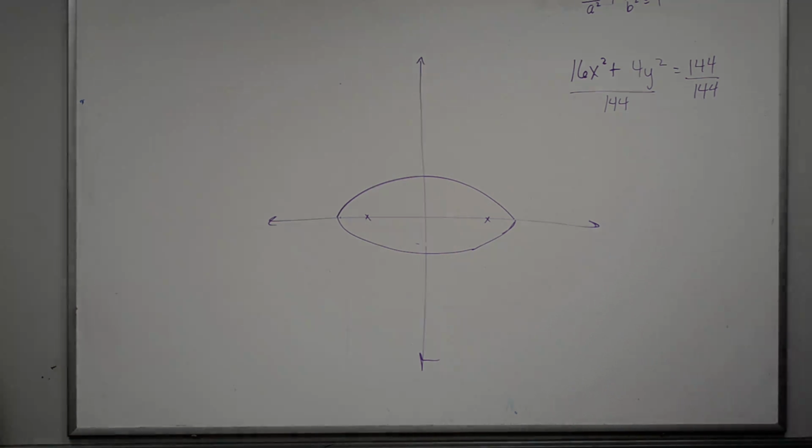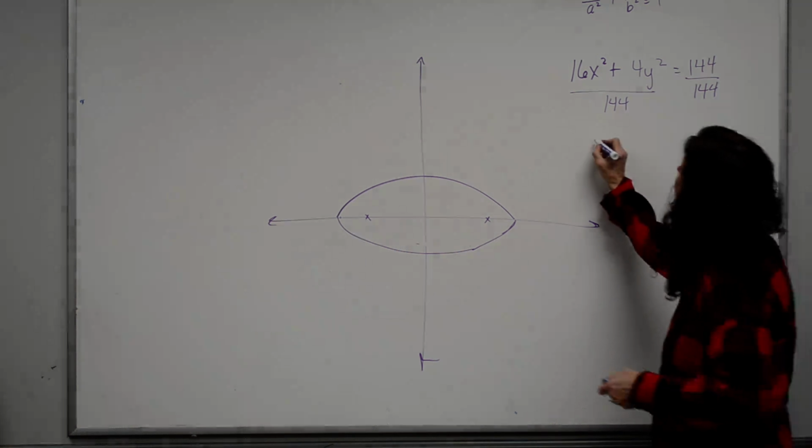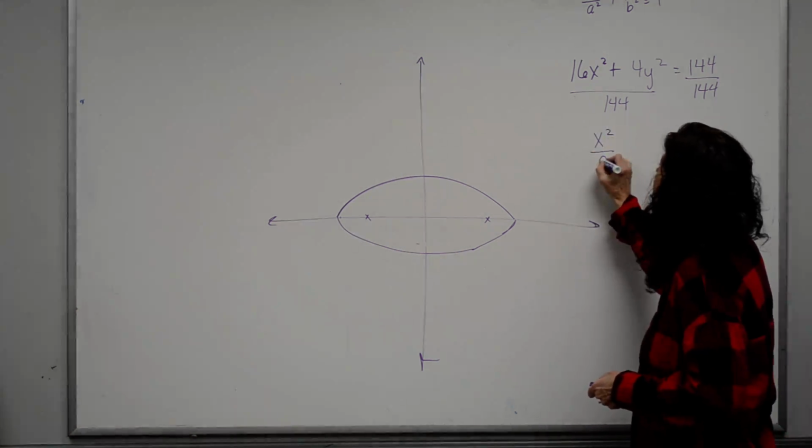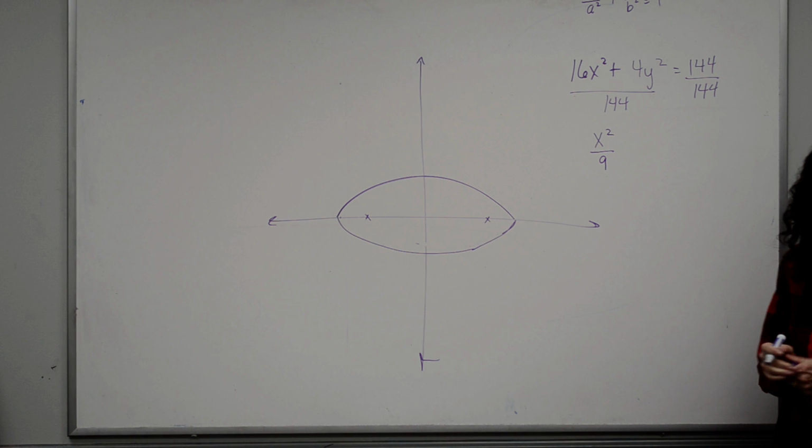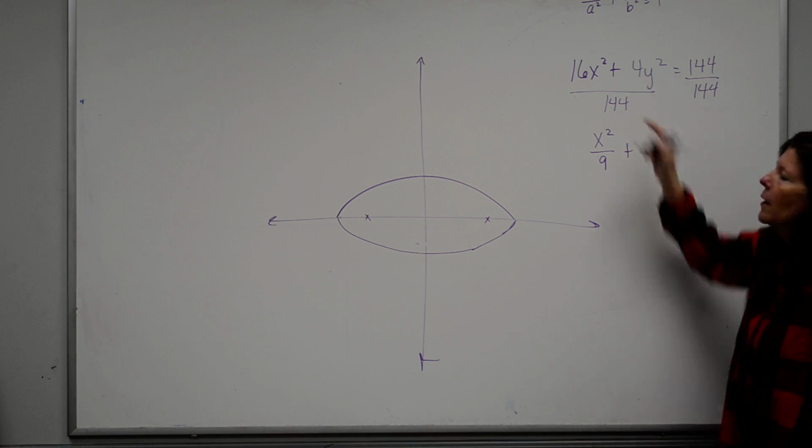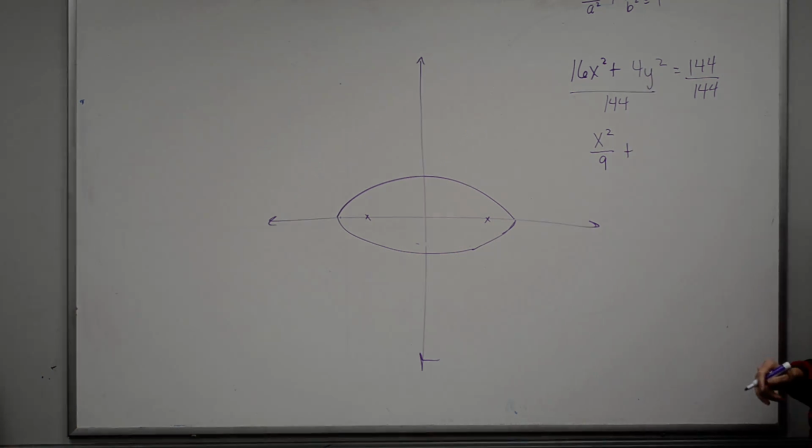You're going to get a decimal value. I want you to convert it back to a fraction. What'd you get, Joseph? 1/9. 1/9? Okay, so I could rewrite that as x squared over 9, right? How about 4 over 144?